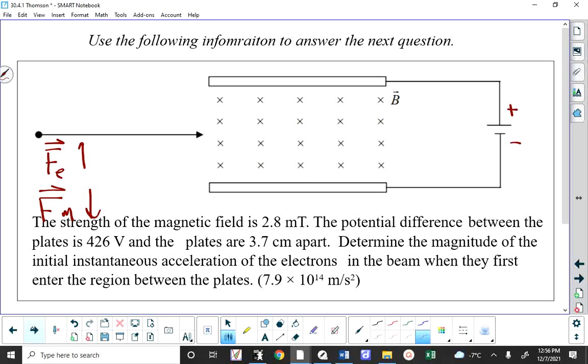So the electric force is towards the top of the page, the magnetic force is towards the bottom. You're asked to determine the magnitude of the instantaneous acceleration when they first enter the region between the plates.